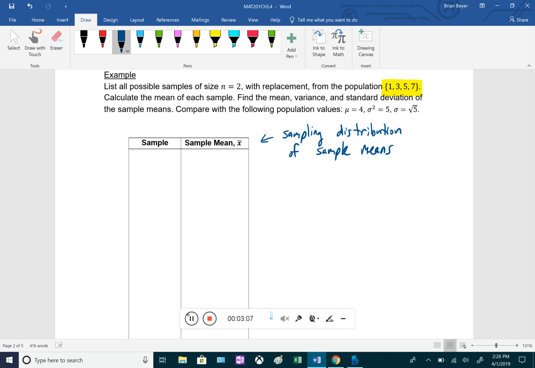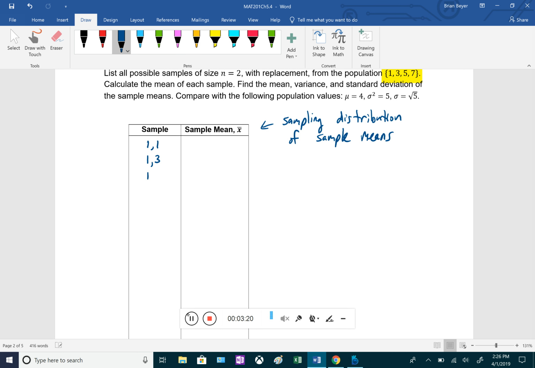So we can take a 1, put it back and pull out another 1. We can take a 1, put it back, and then pick out a 3. Then we can pull out a 1, put it back, then a 5, and then a 1 and a 7. So there are 4 of them so far.